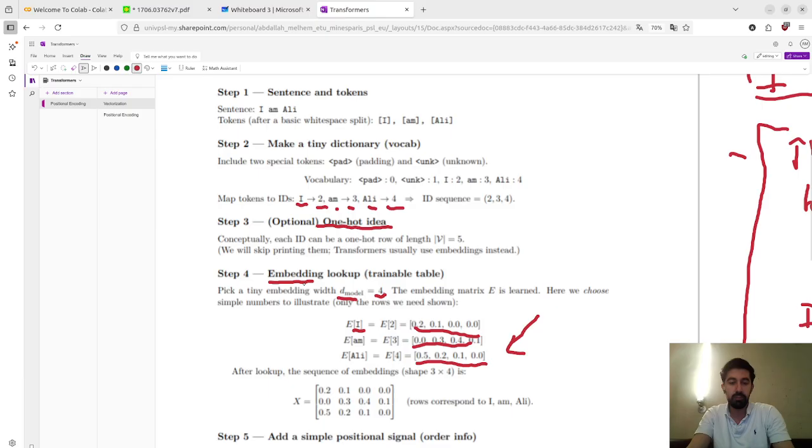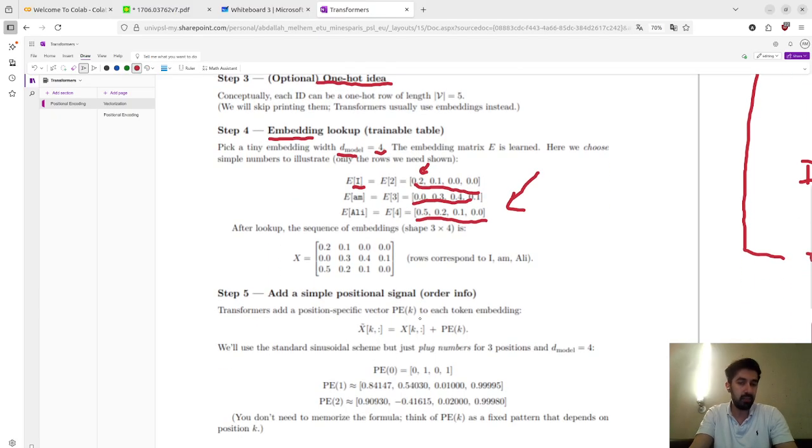So to do it, as I explained just now, we have to add the position. One idea may be to just add the position as it is. So I has the position 2, so it may be to add 2 here, okay? However, it's not the best way to do it. The best way to do it is to use positional embedding, which I will explain just now.